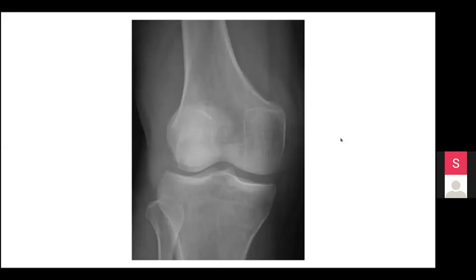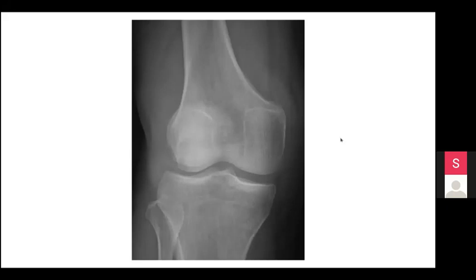Lateral. So how do you get flattening of the lateral femoral condyle? Yes, mild flattening of a lateral femoral condyle can occasionally be seen in discoid meniscus, and a consequent increase in lateral joint space, probably.